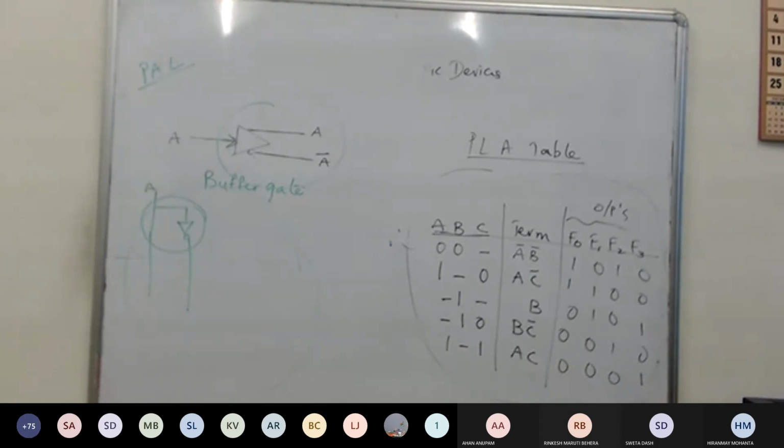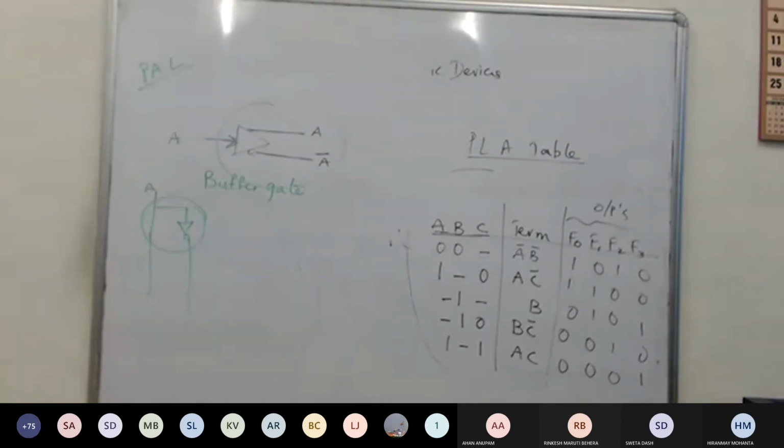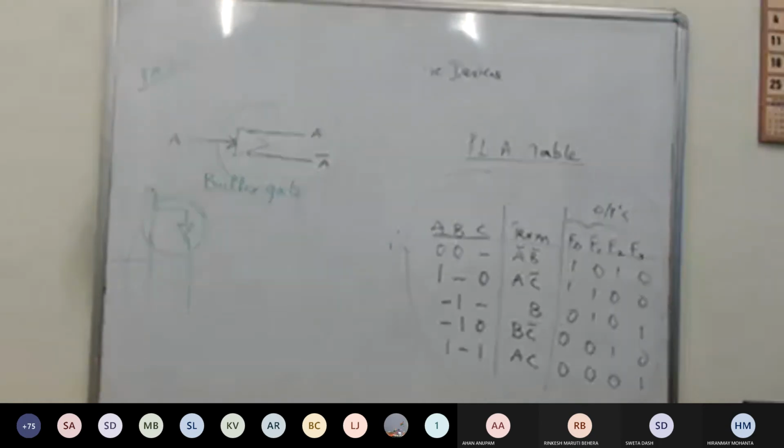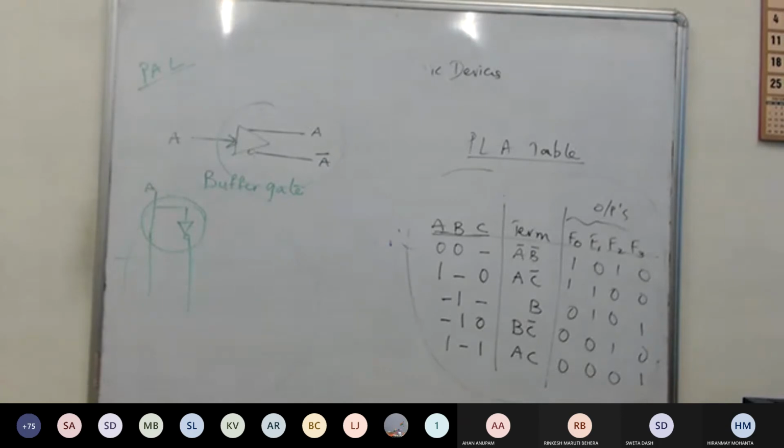That is what a buffer is. Are you able to understand that? So PAL, the programmable array logic, has a normal output and an inverted output from the same gate. So we can say the AND array is programmable and the OR array is fixed.